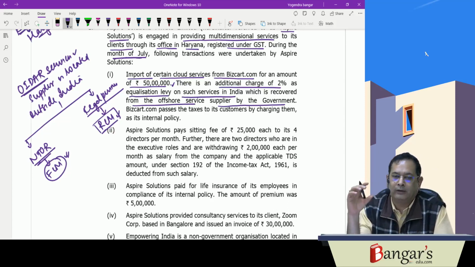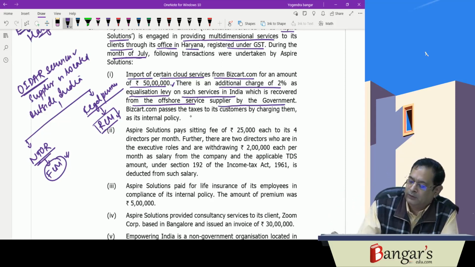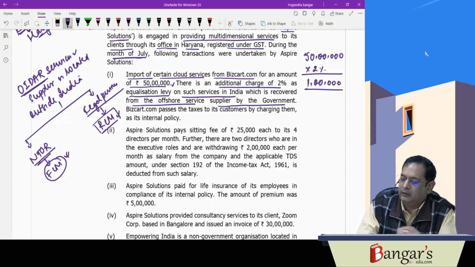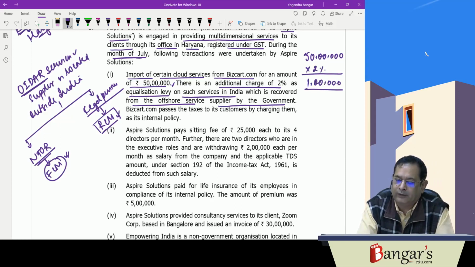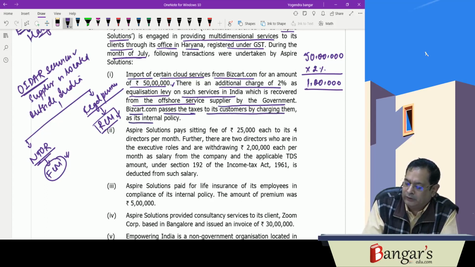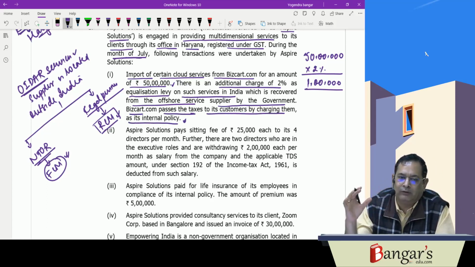Now the Indian government has introduced in the Finance Act 2020 a 2% equalization levy, which we have discussed in direct tax laws also. So here on 50 lakh rupees, there is a 2% equalization levy that works out to 1 lakh rupees, which is paid by biscart.com to the government of India. And biscart.com passes the tax on to its customers by charging them as per internal policy, showing this equalization levy in the invoice.